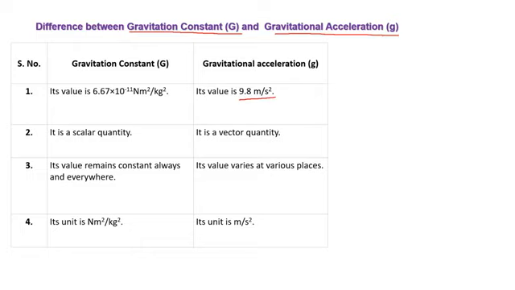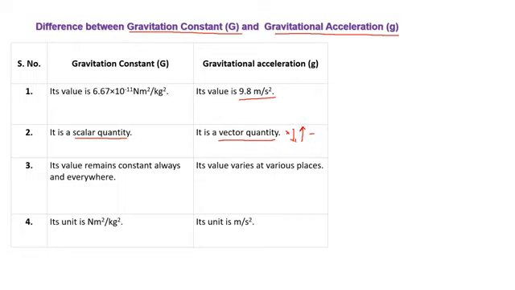The gravitational constant is a scalar quantity, whereas the acceleration due to gravity is a vector quantity. Just now we discussed that sometimes it becomes positive and sometimes negative: positive when the object is falling down, and negative when the object is thrown up. So it depends upon the direction of the motion, so it is a vector quantity.